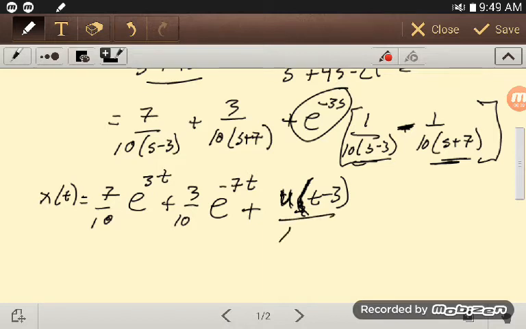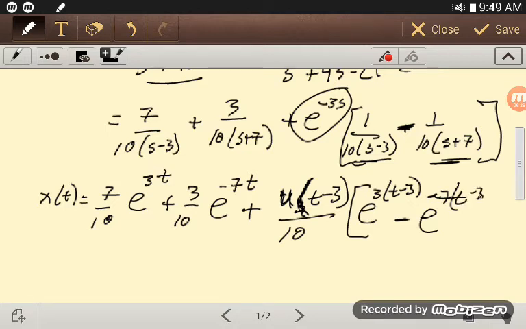That possibly helps remind us of this substitution. So we have our e to the 3 times t minus 3, because that's what we have to do for that inverse Laplace transform, and e to the minus 7 times t minus 3. And so that's what we get for our solution.